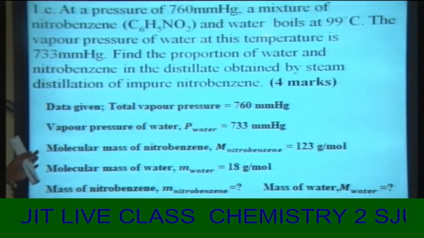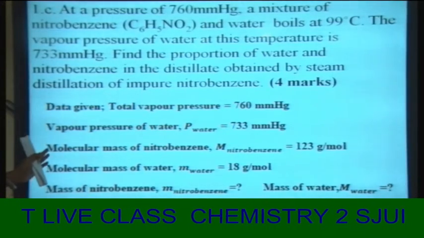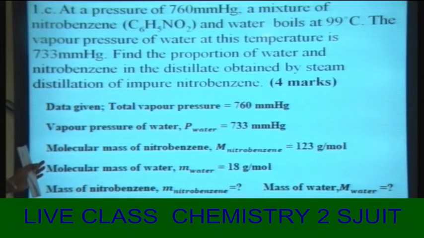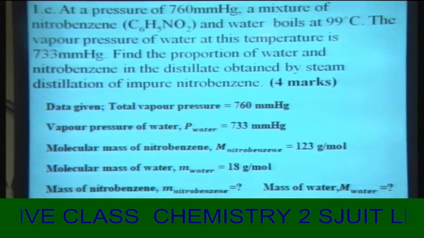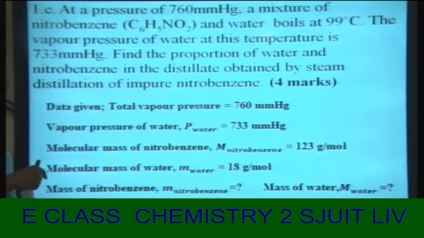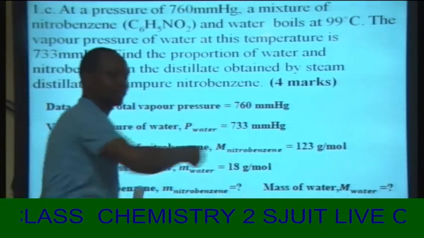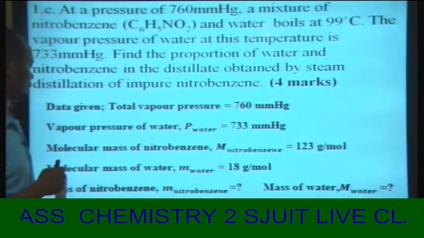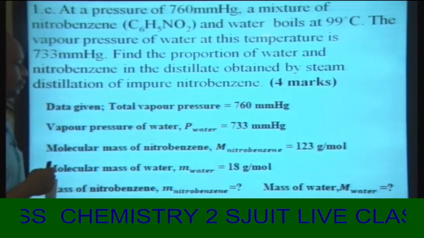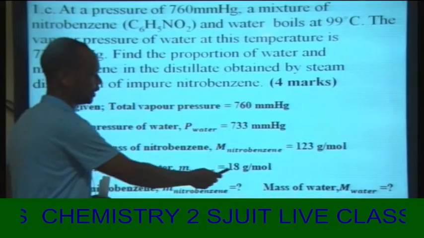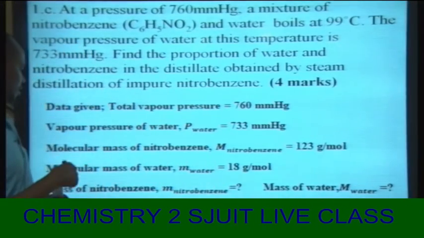Also, we need to remember the molecular mass of nitrobenzene as well as the molecular mass of water. Molecular mass of nitrobenzene is equal to 123 gram per mole. Molecular mass of water is equal to 18 gram per mole.